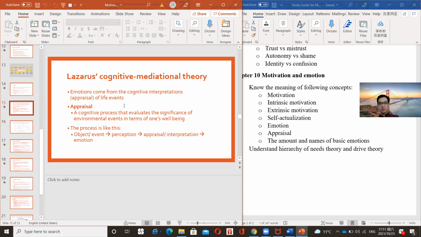So that's evaluations of the significance of that event in terms of one's well-being. That is called appraisal. And after appraisal, there is a particular emotion. So emotion is a product of appraisal.